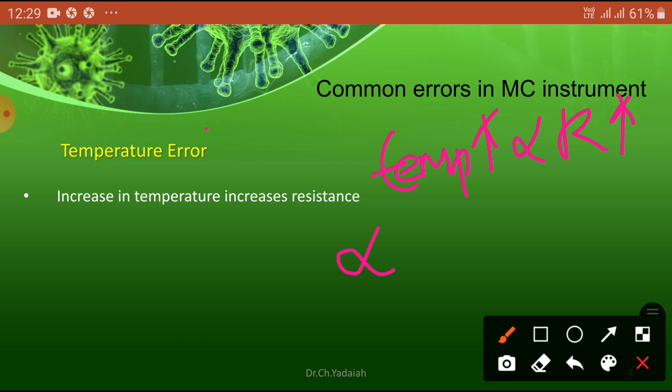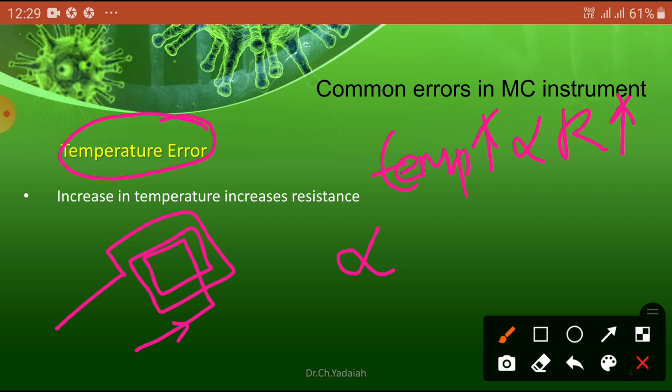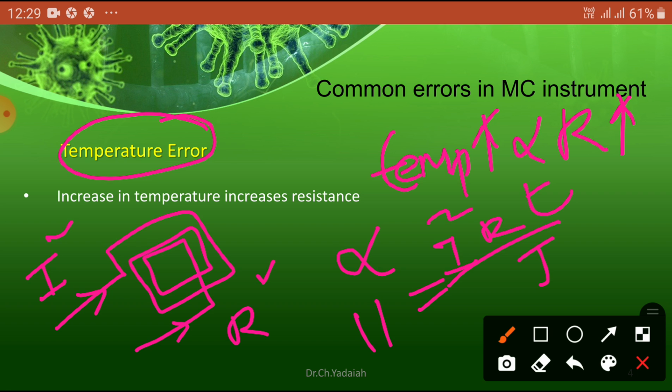This temperature rise may be due to the coil used in our instrument. It has some resistance through which a small current flows to produce the deflection torque, and this current and resistance give I square R T by J, which is equal to heat energy. If you use this instrument for a long time with current passing through it, it will definitely produce some heat energy.